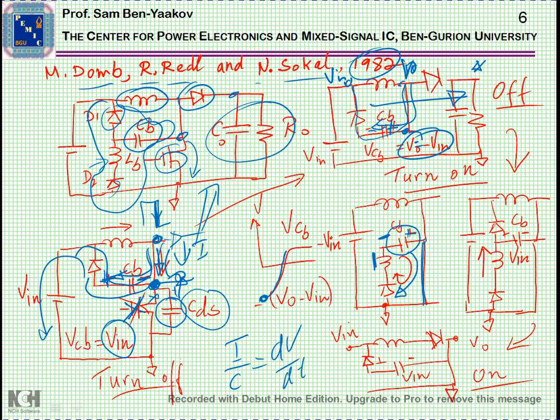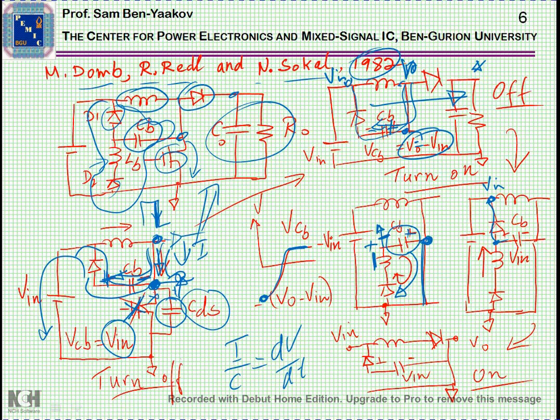The voltage will in fact reverse, and as it goes up and up, becoming more positive, this is ground here, and it will become positive here. It will eventually reach the level of this point, which is Vin, and it will clamp to it.